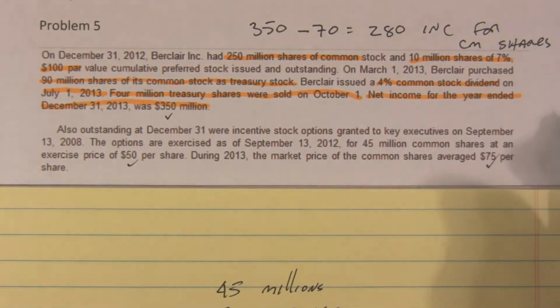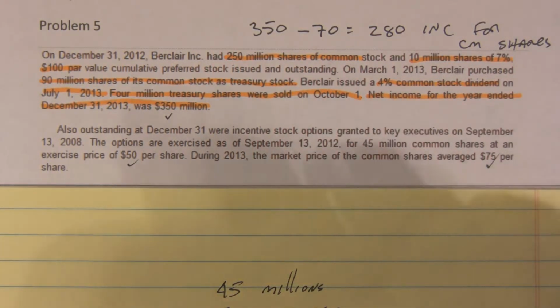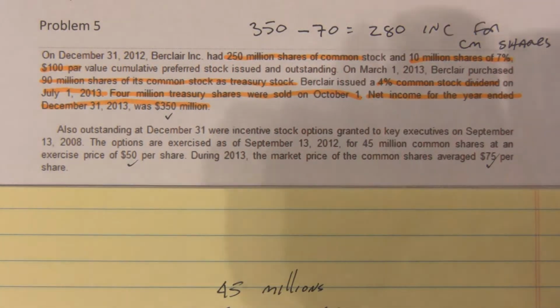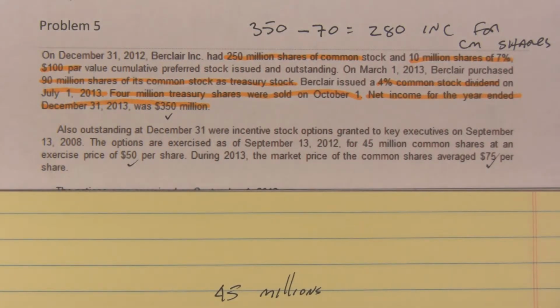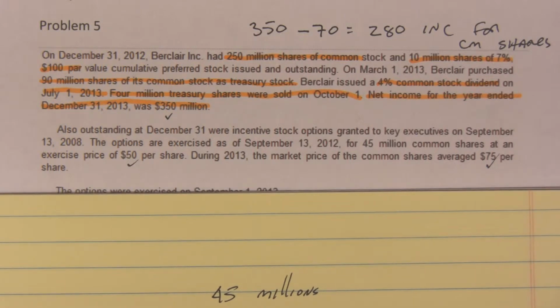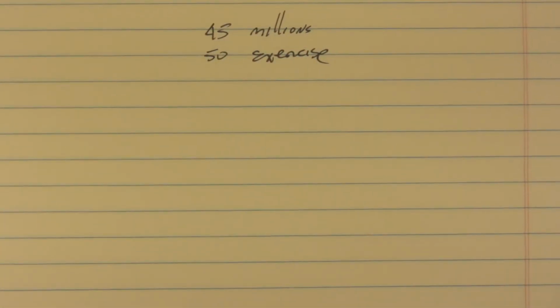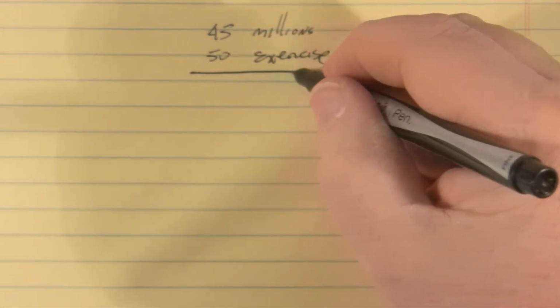So we assume, worst case scenario, the first minute of the first day of the new year, that all 45 million shares were purchased at the exercise price. So we exercised, we took the money from the exercise price, and then we went and bought common shares from Treasury.